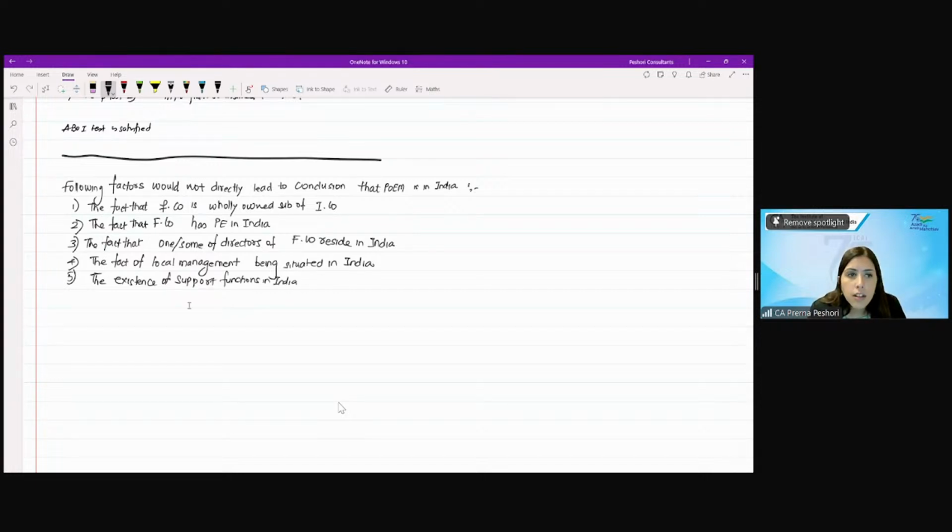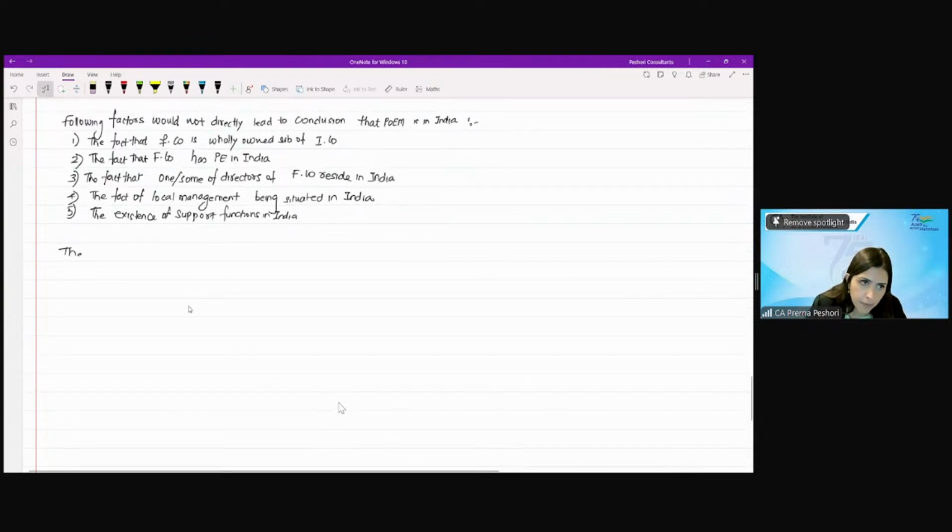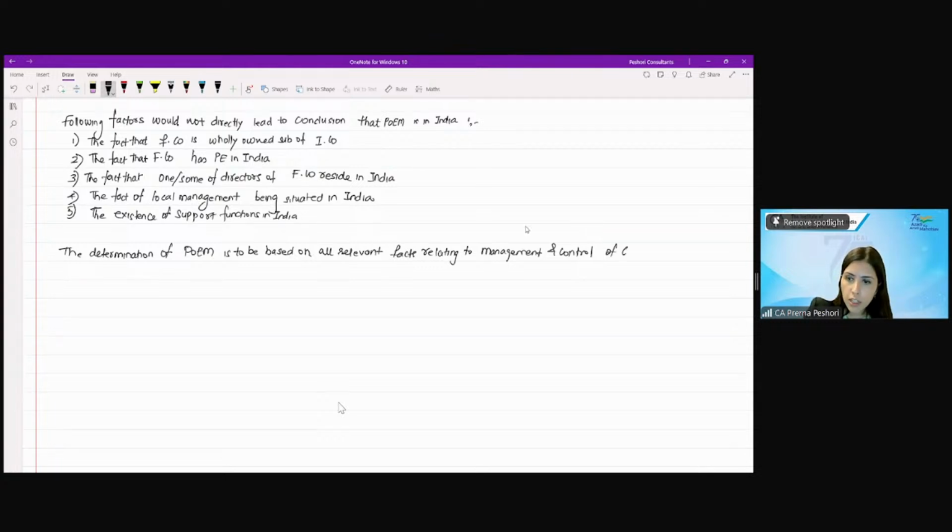So, the determination of POEM is to be based on all the relevant facts relating to the management and the control of the company.